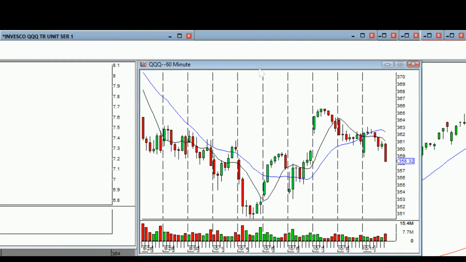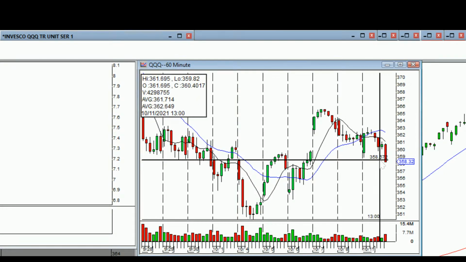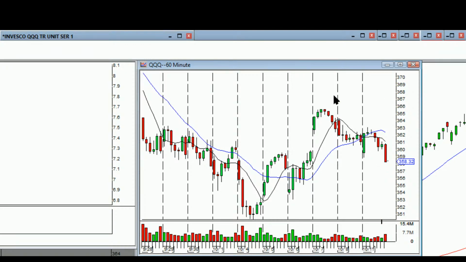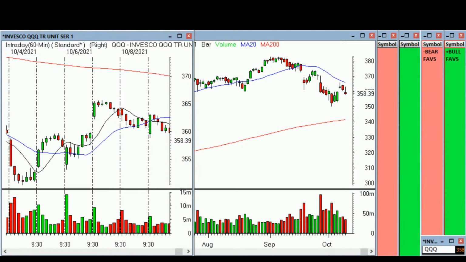Other platforms, the last 30 minutes is one bar. So I called it off this platform, which is, as you can see, 360.13 short, with the stop being over 361.22. I typed 25, but 22. So that's the call that I put out today in the room.